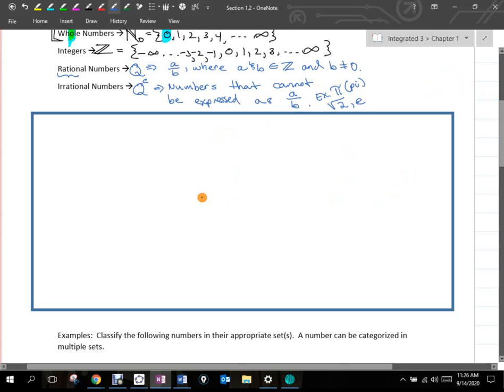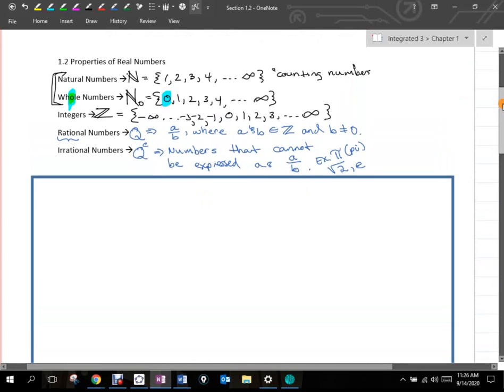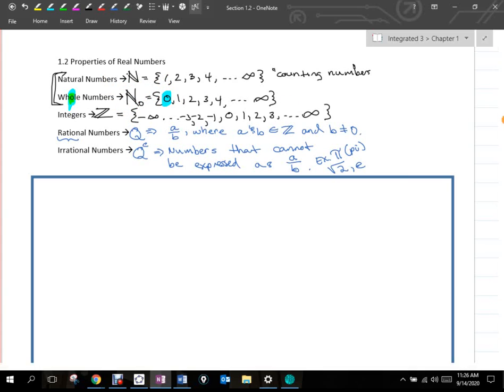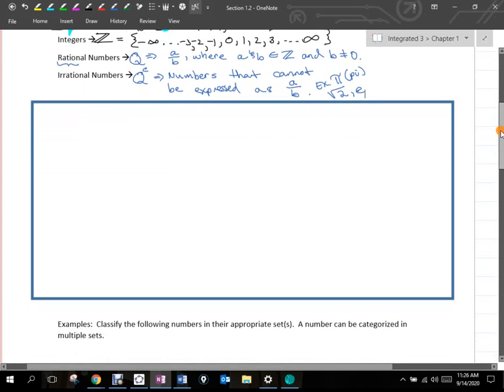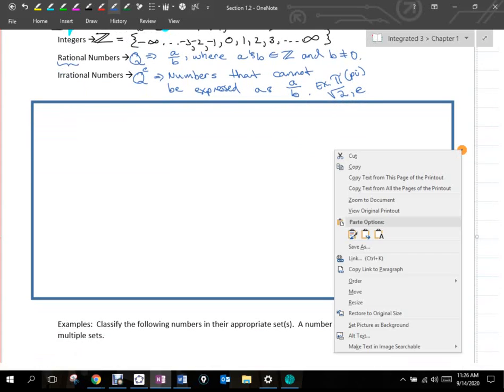But our smallest set of numbers up there, even though they all have an infinite number of things in them, is our natural numbers. Think about why. Even though natural and whole numbers both have infinite objects, doesn't whole numbers have 0 and natural numbers doesn't? So whole numbers has one more object. So natural numbers are our smallest set of values.